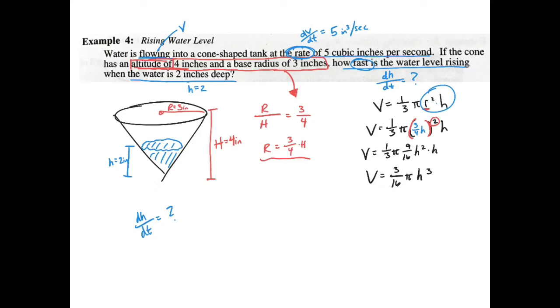Pi h cubed. Cool, a much simpler version of the formula with only one variable. And remember, we had to do that because we didn't know much about r, so we had to rewrite r in terms of h.